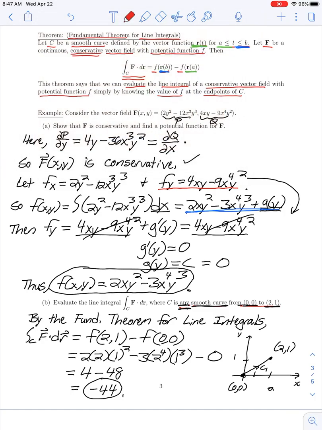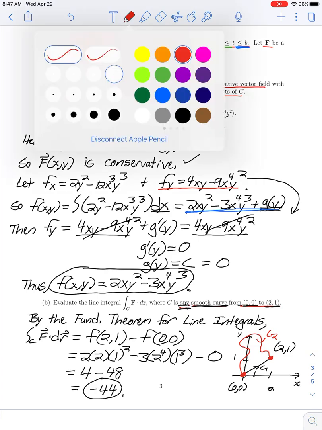Now, if we consider a different curve, let's say we have this curve, C2, which connects 0, 0 to 2, 1, the value of the line integral along that curve will also be negative 44, because the fundamental theorem of line integrals says it only matters the value at the endpoints of our curve.